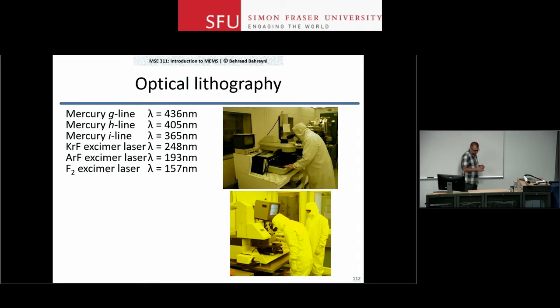So for G-line, H-line, I-line, these are different structural lines in the UV, in the radiation pattern of the UV light bulbs. And those are the wavelengths that we typically use in a university with a manual mask aligner, as you can see here. This is a photolithography system that we actually have. Both of them are at SFU clean rooms.